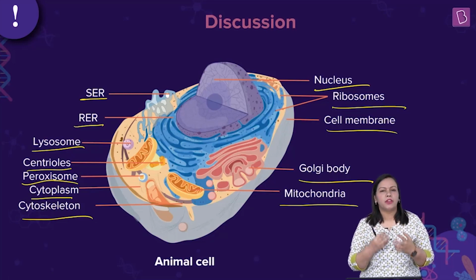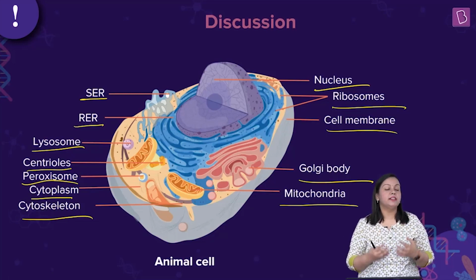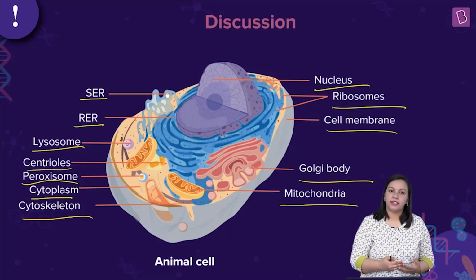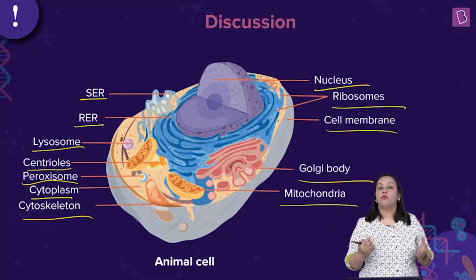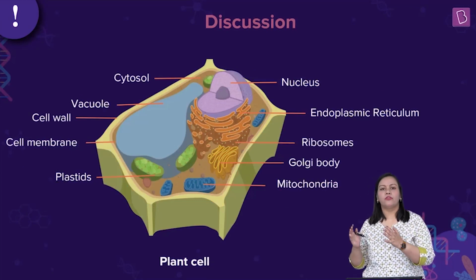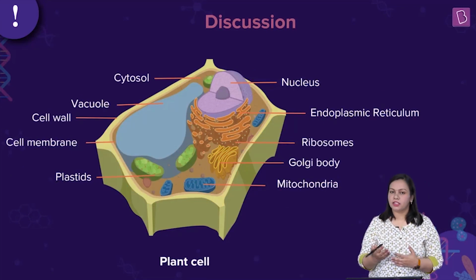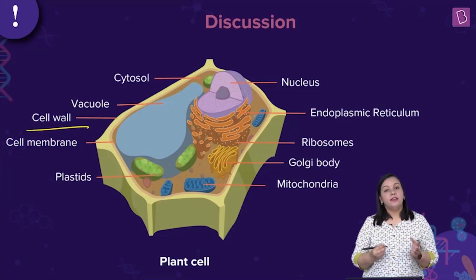All these proteinaceous filaments help the cell to have an internal structural framework, so these are called the cytoskeleton. That was a very quick review of the animal cell. Most of the structures of the plant cell and animal cell are quite similar, but like I listed the points of differences earlier, here you see that plant cells have a cell wall.